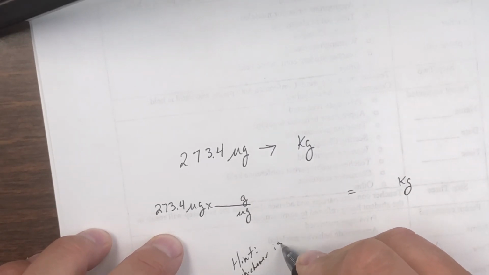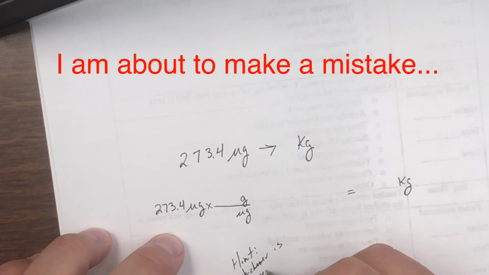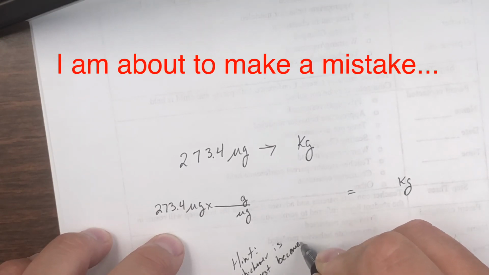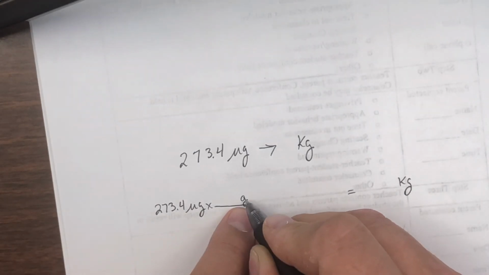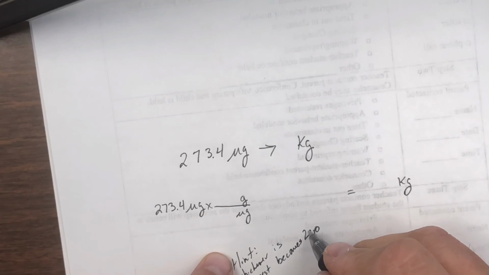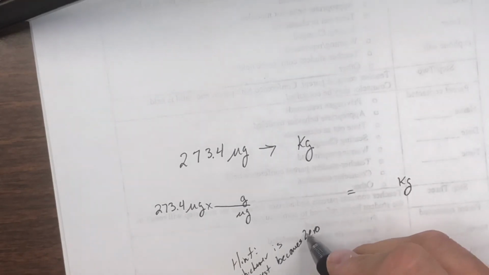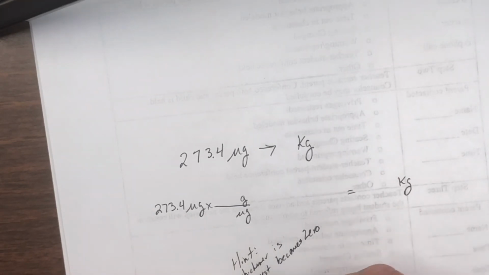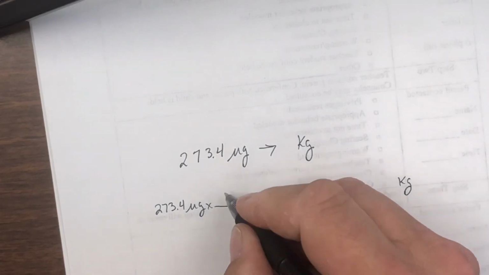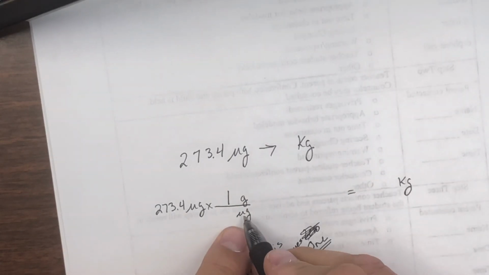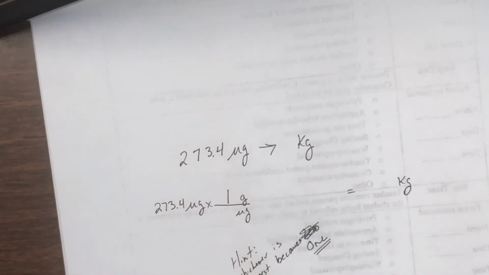Whichever is largest becomes 1. A microgram is much smaller than a gram. Now, how many micrograms does it take to make a gram?